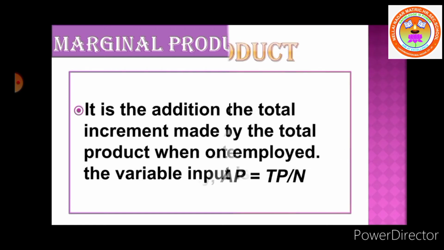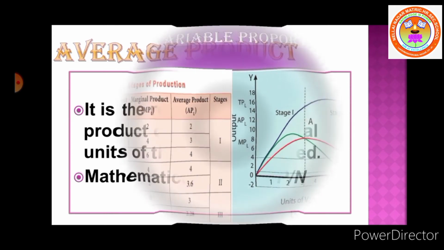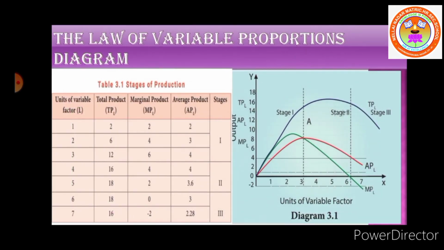Then the average product is the result of the total product divided by the total units of the input employed. Average product equals total product divided by the number of units employed. The law of variable proportions is explained with the help of the following schedule and diagram.